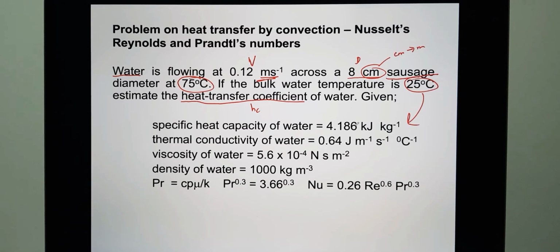But again, I have mentioned that the physical properties will be listed and given to you. What you need to know are the equations of Reynolds, Prandtl, and Nusselt. These three are very important for you to know.